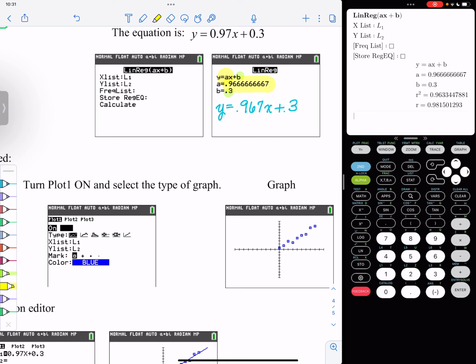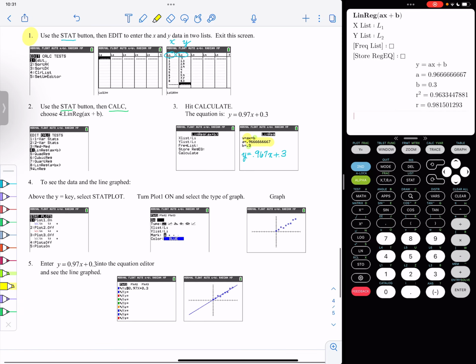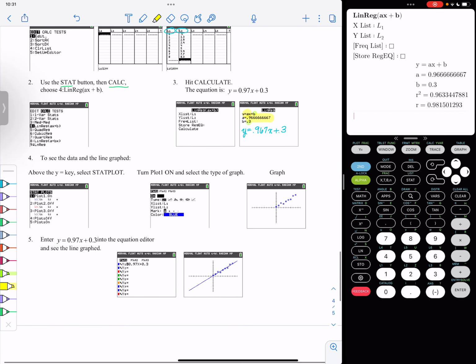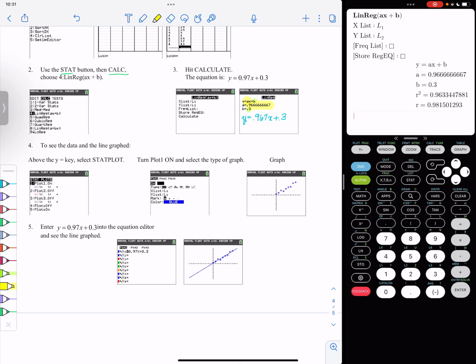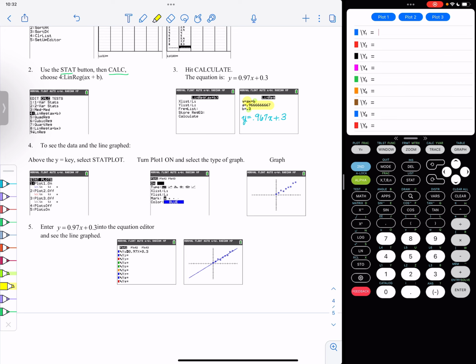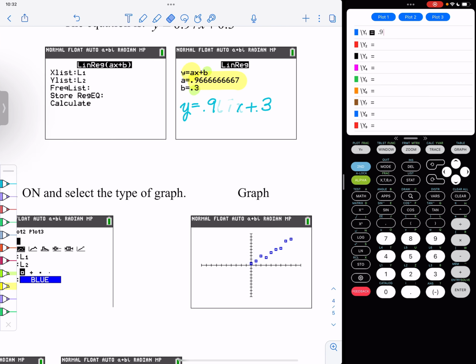Okay, so now how are we going to see these data values and these lines? I'm going to show you if we go ahead and press y equals, and we type in the equation of that line, 0.97x plus 0.3.